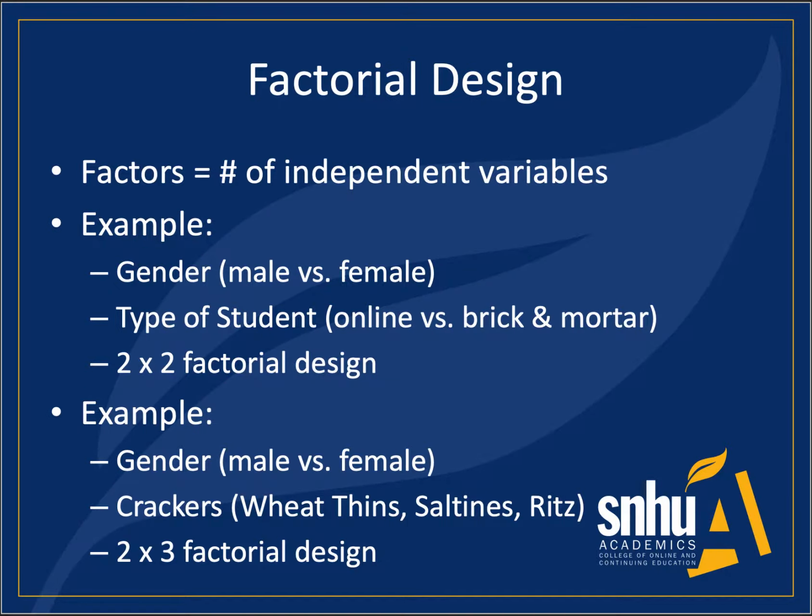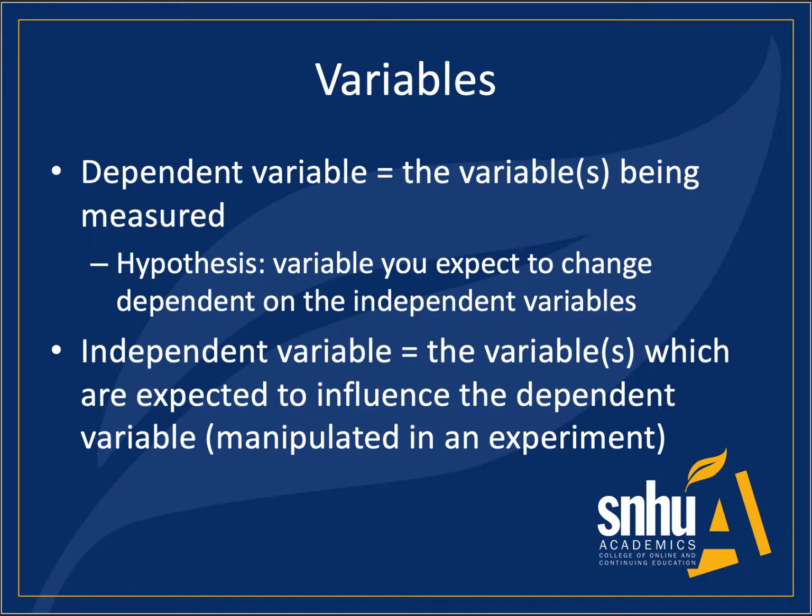Factorial design is often complicated, but it doesn't really need to be. The factors are simply the number of independent variables that are in a study. So going back to this slide, remember the independent variables are the variables that are expected to influence the dependent variable.